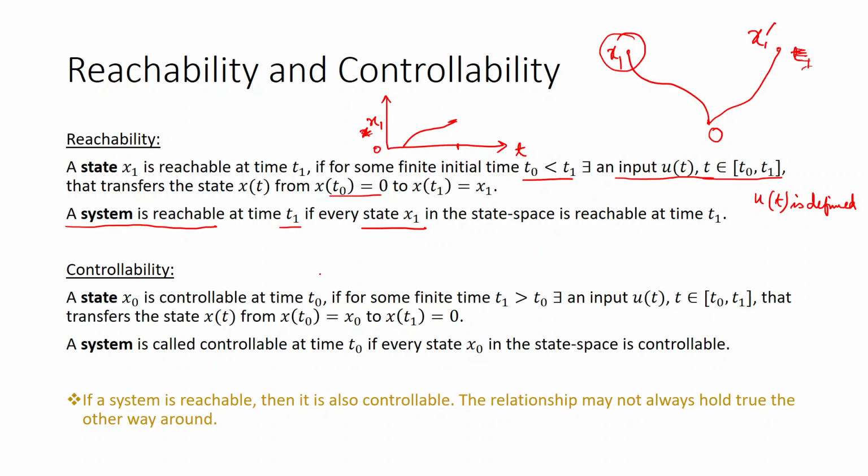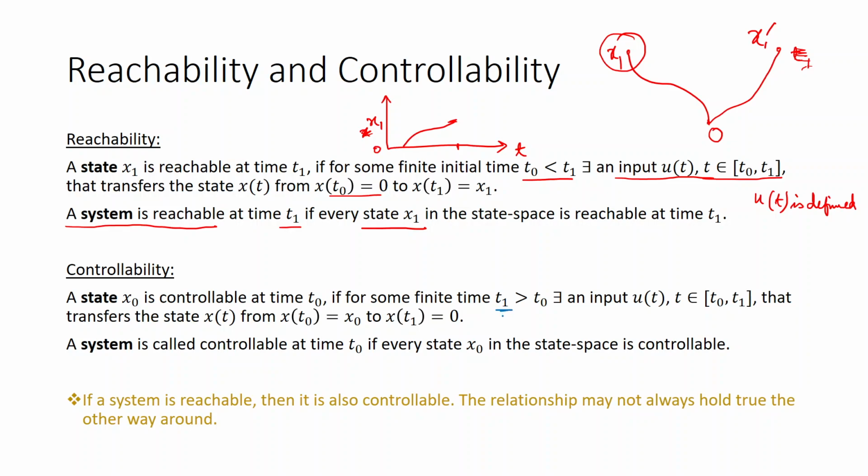What is the idea of controllability? The idea of controllability is the reverse. It is saying that a state x0 is controllable at time t0. So it is controllable at a past time basically, because we would be moving to a future time t1.